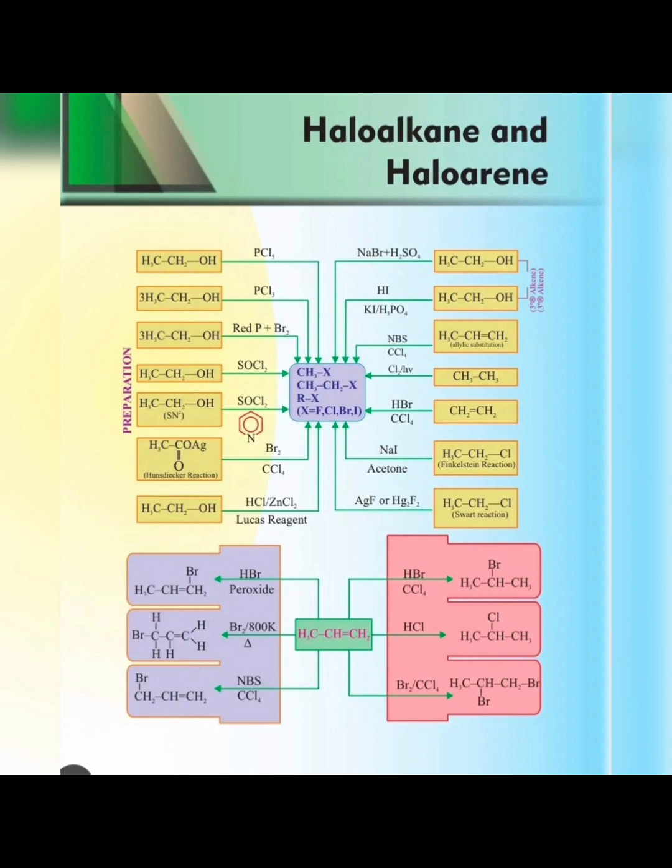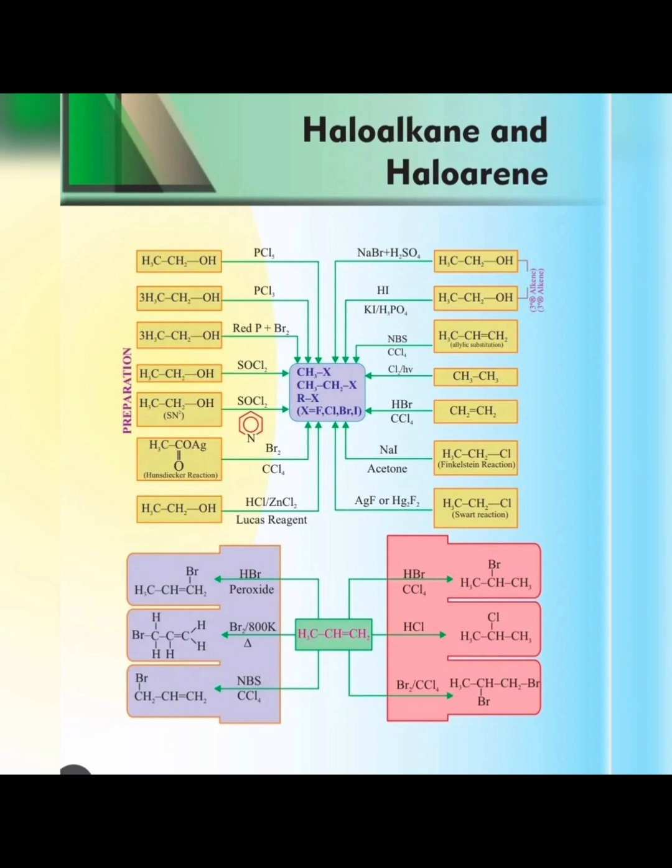When propene reacts with N-bromosuccinimide in presence of carbon tetrachloride as a solvent, it gives the corresponding alkyl halide as a major product. Here N-bromosuccinimide is used, so a brominated product will be obtained. Ethane reacts with chlorine in presence of hν, that is radiant energy, meaning Planck's constant times frequency.